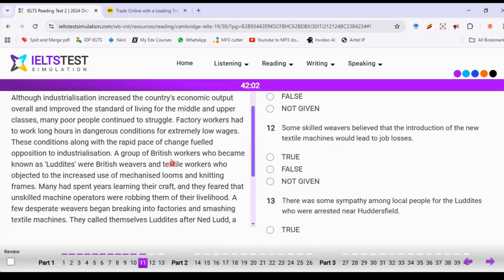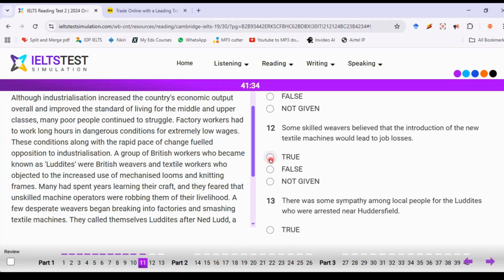I can see textile here. A group of British workers who became known as Luddites were British weavers and textile workers who objected to the increased use of machine looms and knitting frames. Yes, many had spent years learning their craft and feared that the unskilled machine operators were robbing them of their livelihood. Yes, I think this one is true.